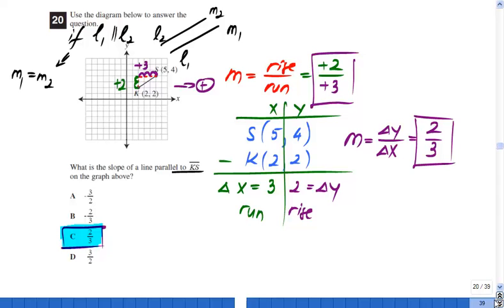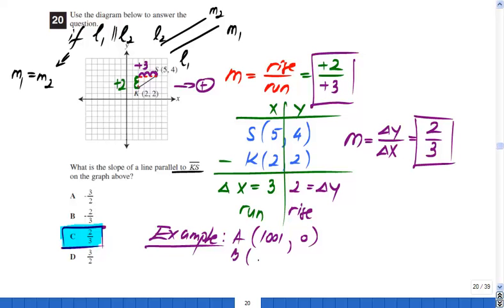because some of you will say, hey, why should I use this one when I can go on the graph and just go step by step? Yes, but let me give you an example. How about you have 2 points, let's say point A with the coordinates 1001 and 0, and point B with the coordinates 1 and 1000.